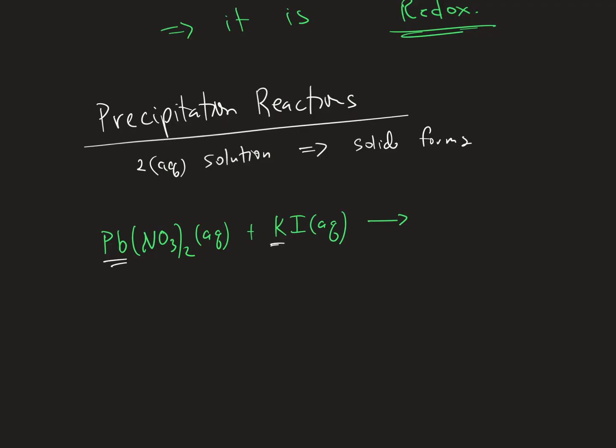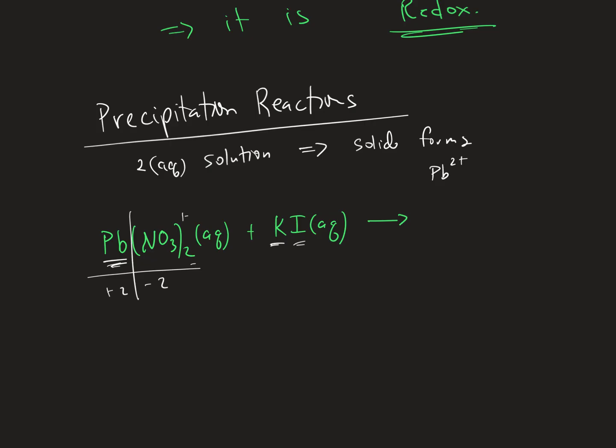So the cations swap partners. And we get lead 2, because nitrate's 1 minus, right? And if you don't know it, you can do this: 1 minus times 2 is negative 2, so positive 2. There's only 1 lead, so it's 2 plus, right? Do y'all remember this? Okay. So lead 2 hooks up with who? Not K, iodine.